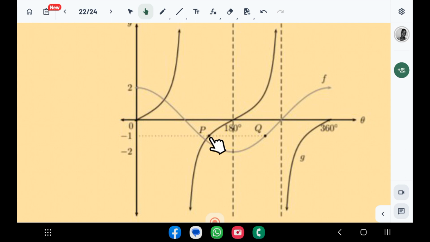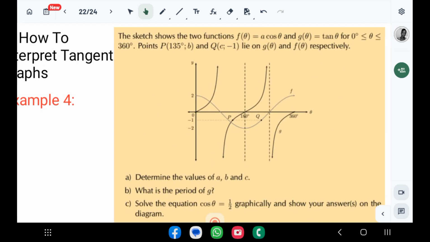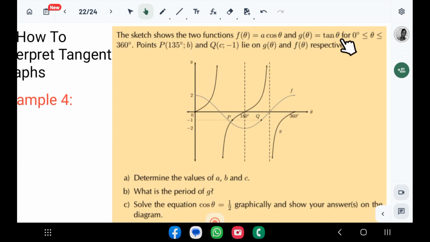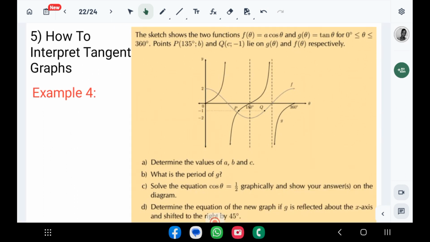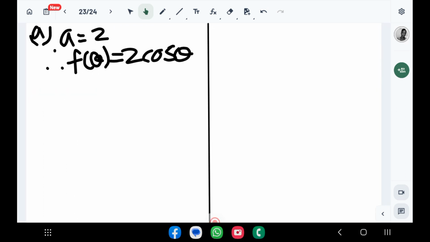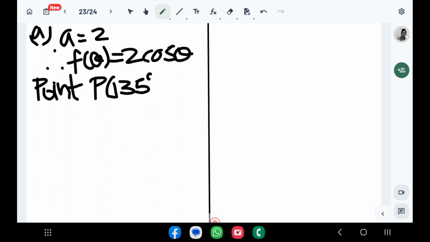Yes, that's point P. P is at 135 degrees, and it lies on the graph of g, which is tan theta. Okay, 135 degrees, and that is b.